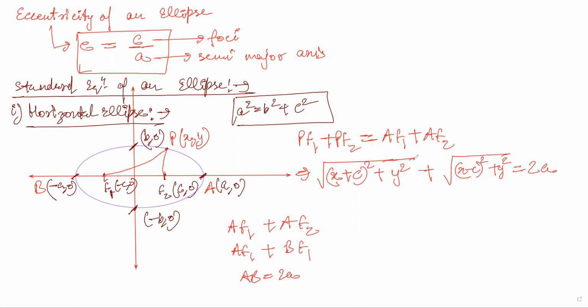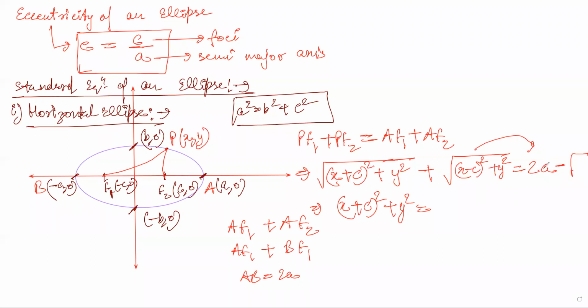यहां से मैं इस एलिप्स की इक्वेशन निकाल लूंगा, x square और y square. सबसे पहले तो मुझे इसे उधर लेके जाना चाहिए, root of (x minus c) whole square plus y square को, और square करना चाहिए दोनों साइड इक्वेशन। तो ये बन जाएगा (x plus c) whole square plus y square, and I have taken this root to right hand side and taking the square. तो सबसे पहले root उधर जाएगा तो ये minus हो जाएगा, right?